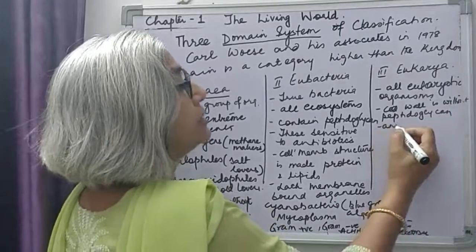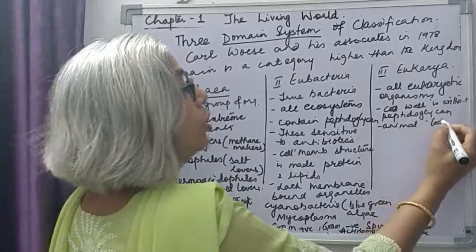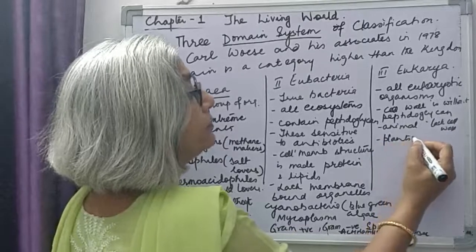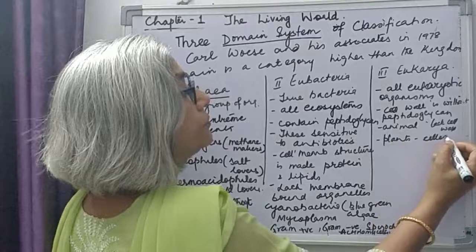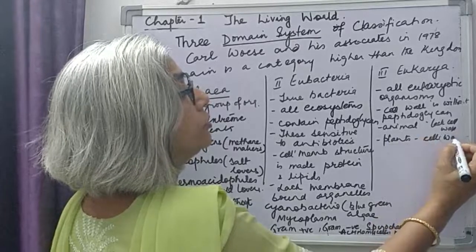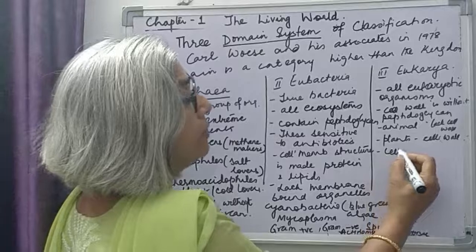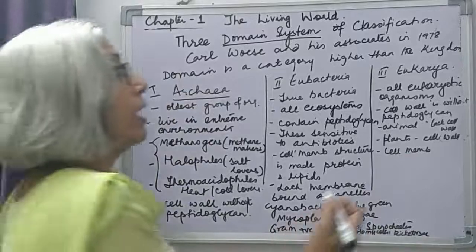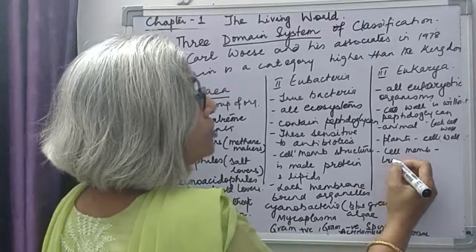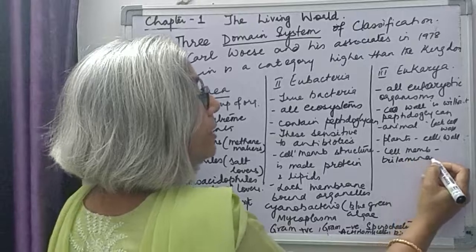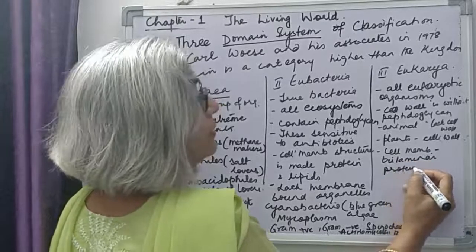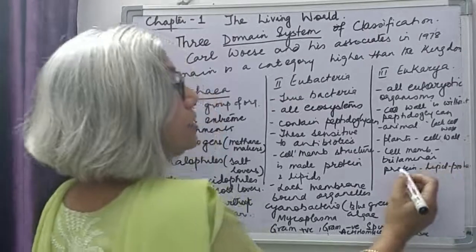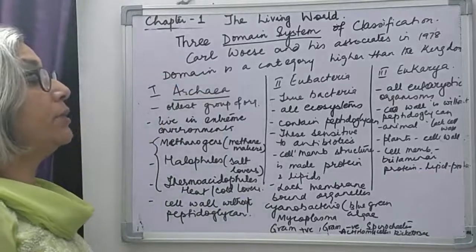All the animal cells lack a cell wall, whereas plants possess a cell wall. Then the cell membrane of all the eukarya organisms is trilamellar, made up of protein, lipid and protein.